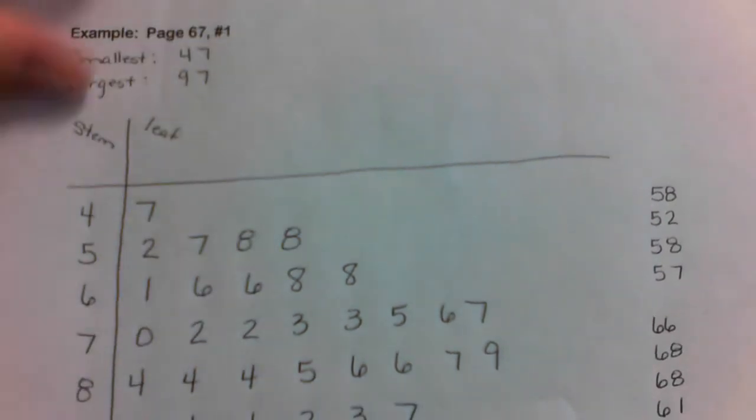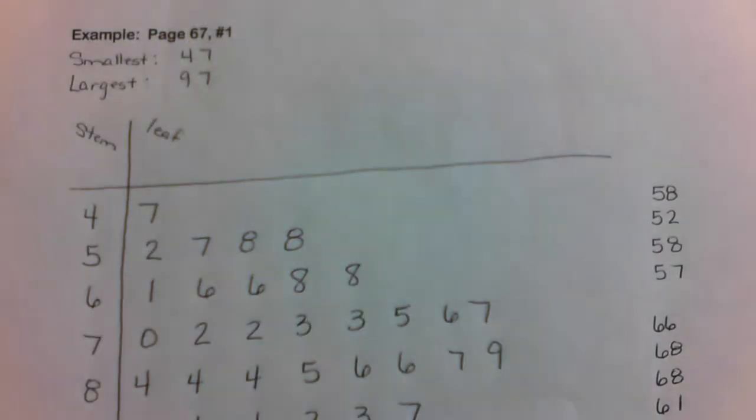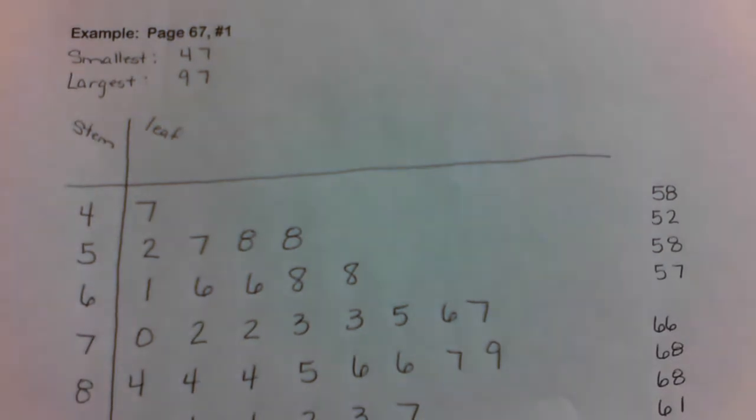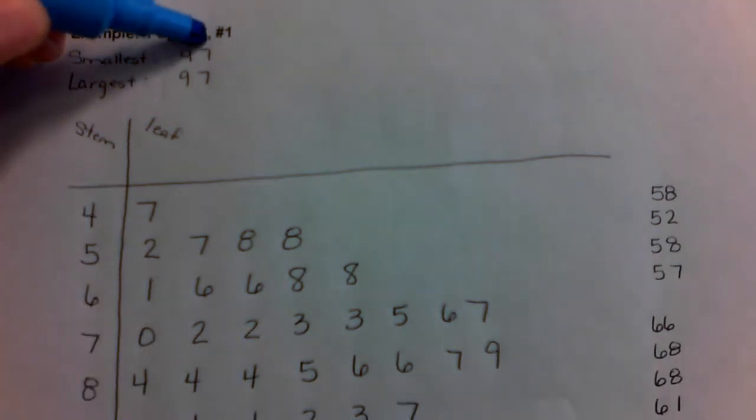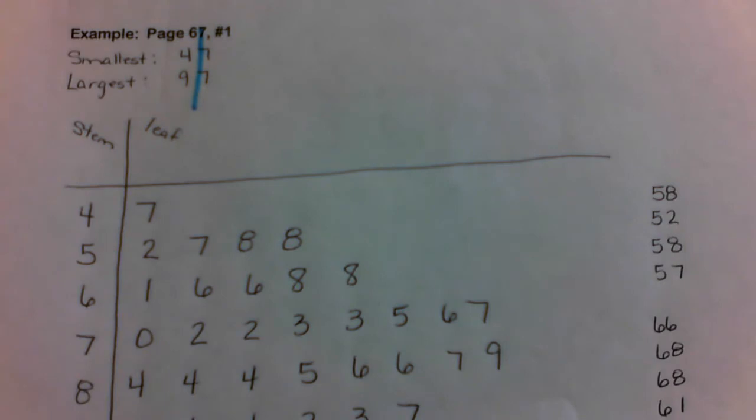If you look at all the data values, when you are going to decide how to divide your digits up, you always want to find the smallest number and the largest number. In this case, they are both 2-digit numbers, so the only choice we have is to divide it here.